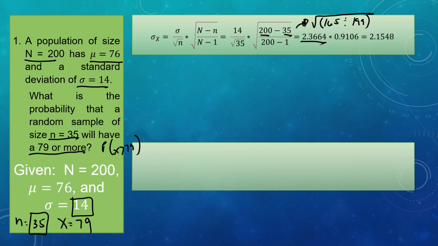The answer is 0.9106. Multiplying the two numbers, we get sigma sub x bar equal to 2.1548. Again, round this to 4 decimal places.